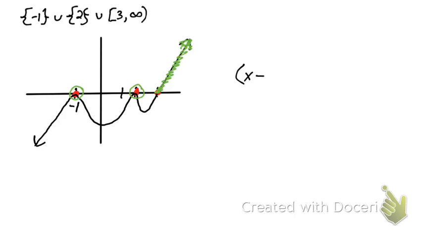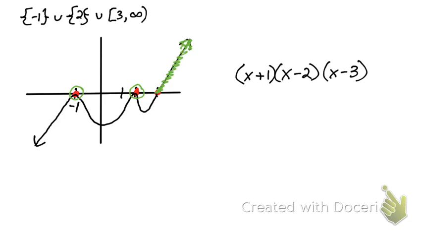X plus 1, X minus 2, and finally X minus 3. Well, in order for something to bounce off at -1, it must be an even degree. So x plus 1 either needs to be the 2nd, 4th, 6th, 8th.